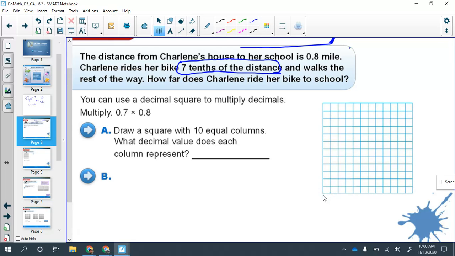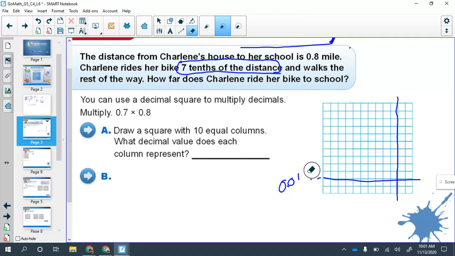So we want to cut this off so that it ends up being a 10 by 10. Because if it's a 10 by 10, then each of these little squares inside of here has a value of 1/100. That's going to help us as we work to solve our problem. So first step, we want to make sure that we're working with a 10 by 10.